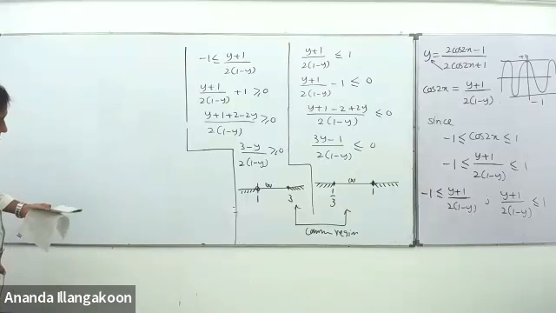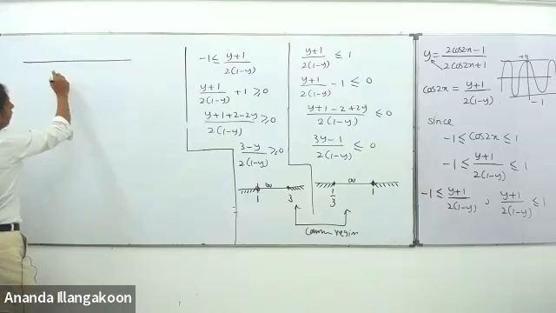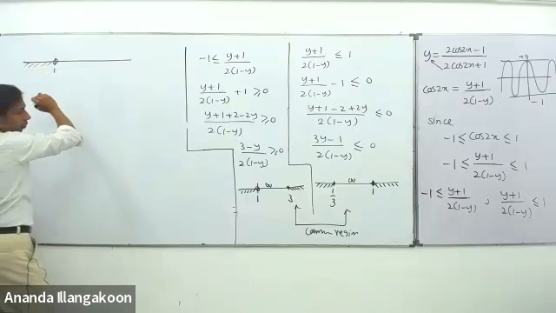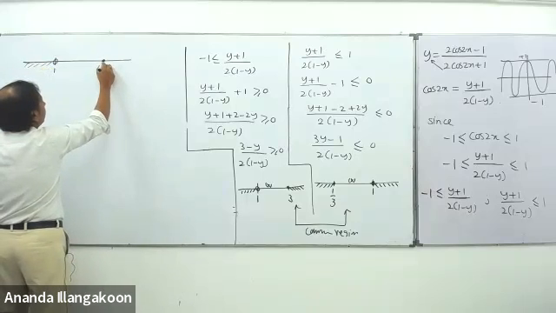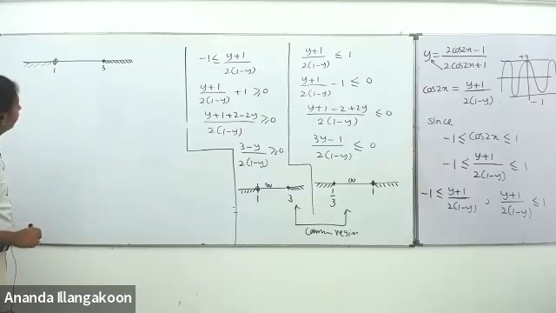Common region how to take, people? When you mark both in one diagram, here excluding 1, less than 1, including 3, greater than 3. First one.